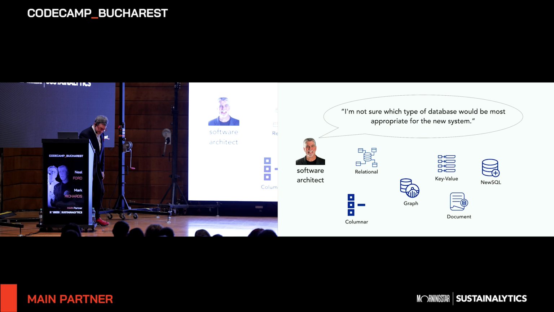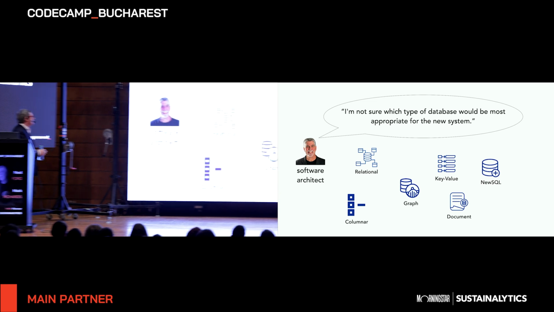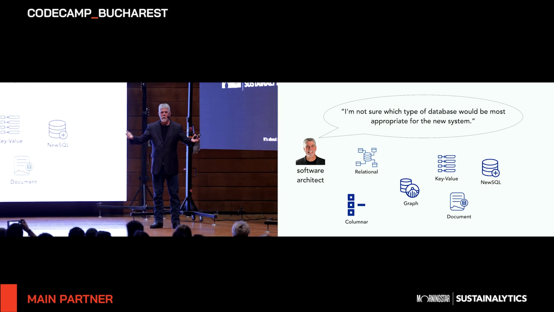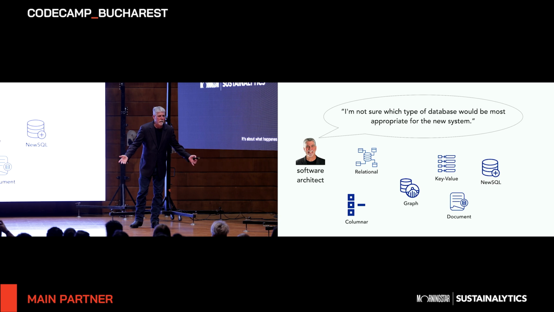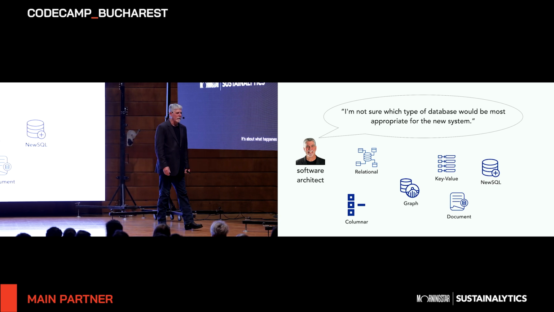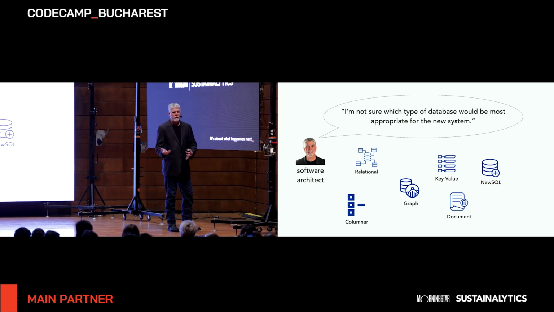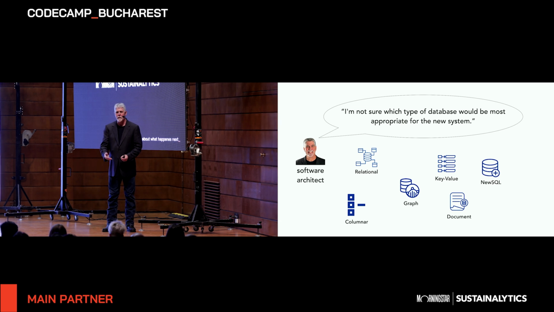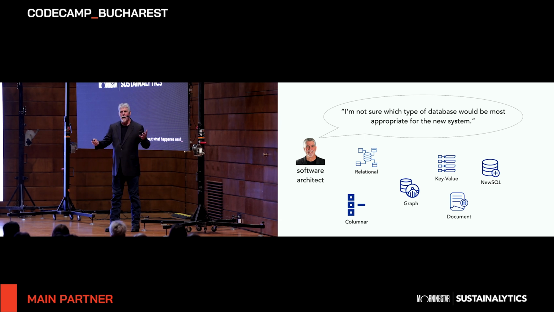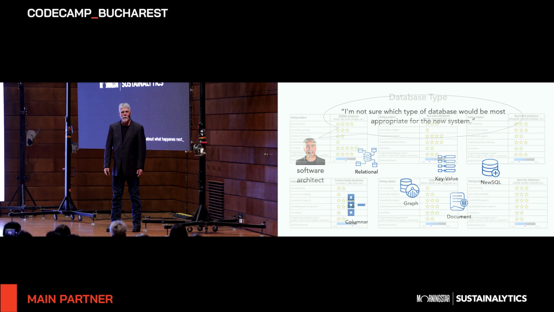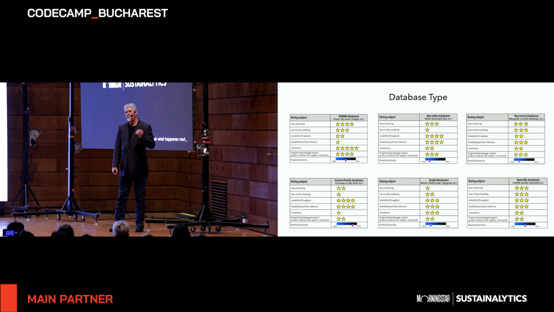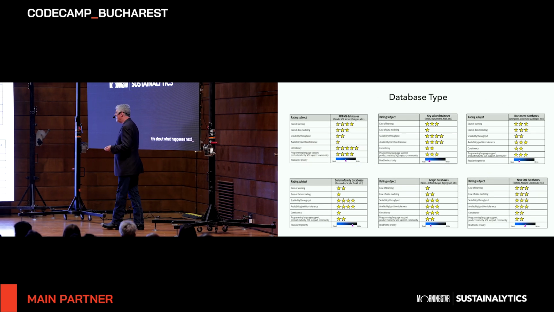Well, let's look at another example, and that has to do with data. As Neal mentioned earlier, there's more than just relational databases around. There are key-value, document, graph, columnar, and vector databases. How do I navigate this complex world? By the same technique: qualitative analysis.